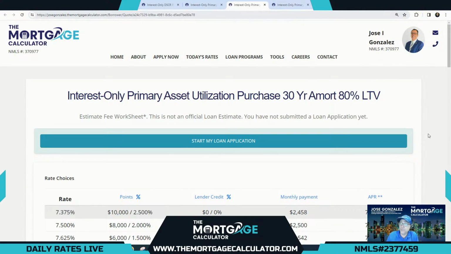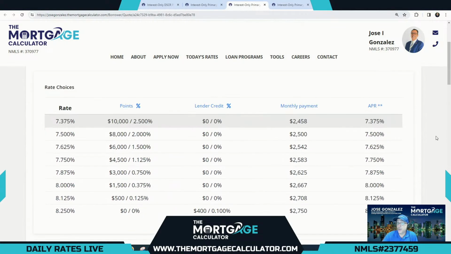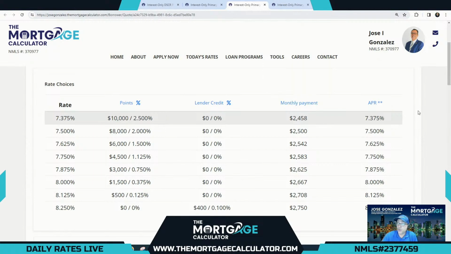So you will note that the LTV max here is 80% as opposed to 90%. But you will also note that the rates are also amazing due to the fact that we are at 80%, which is a more traditional or standard, should we say, loan to value in the non-QM world.